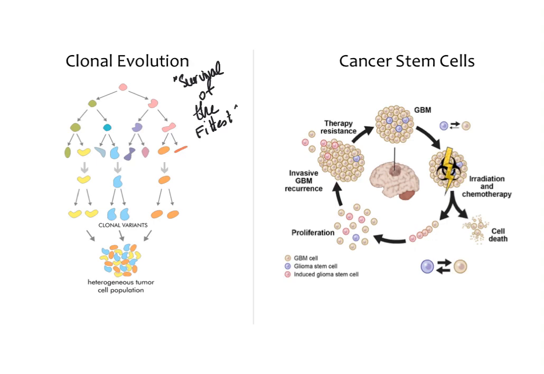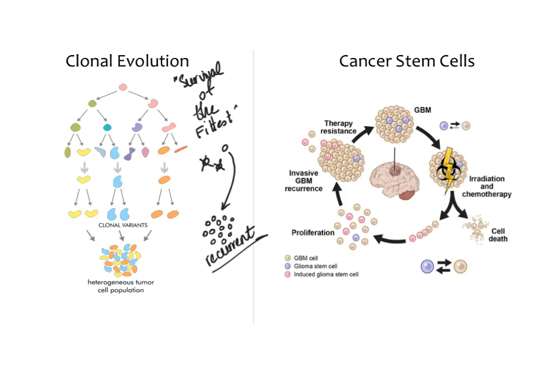And the clones that do survive therapy are able to recapitulate your entire tumor. So let's say you have 3 different clones here, maybe 2 of them get killed off by therapy, but one of them is able to expand and form this whole new tumor once again. And so this is your recurrent tumor. So that's one thought on where the heterogeneity comes from and where the recurrence comes from.